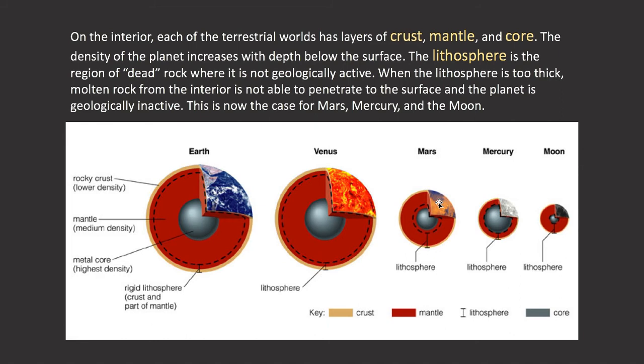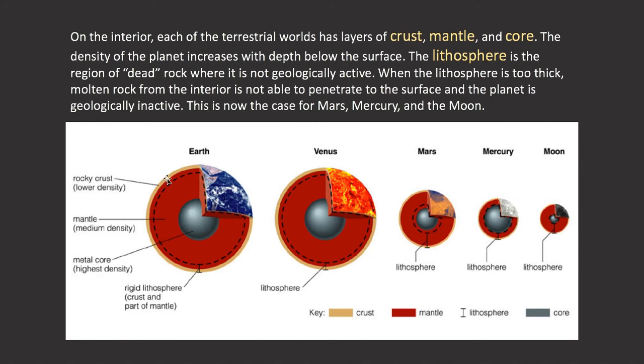And so Mars, Mercury, the Moon, they're no longer geologically active, and their surfaces are not going to change unless they're impacted by asteroids and meteorites, and those things are the only ways to change the surface structure. Mars has a little bit of an atmosphere, so there can be a little bit of weathering. But otherwise, what happens on those planets doesn't change. There's no erosion. There's no volcanic activity.